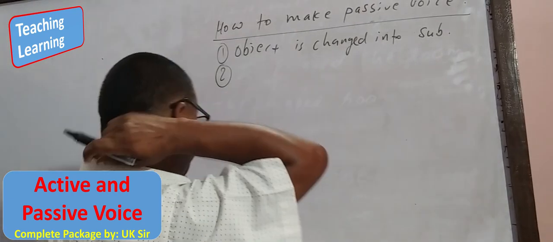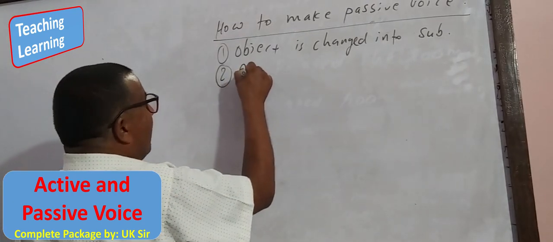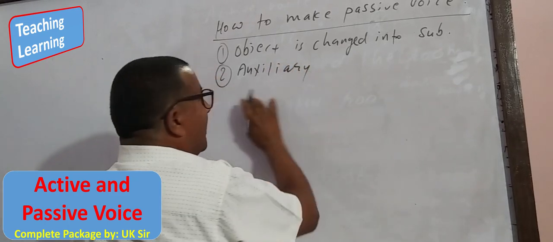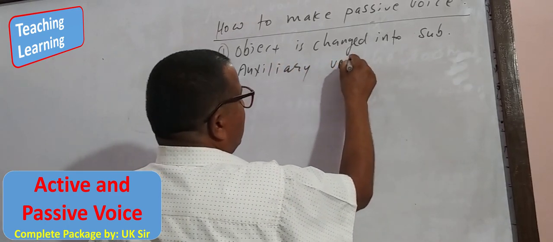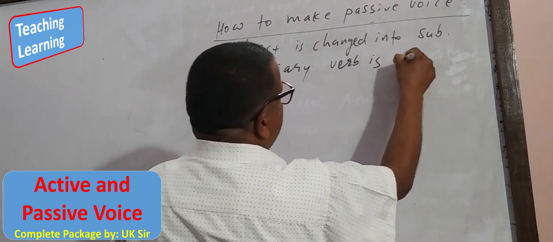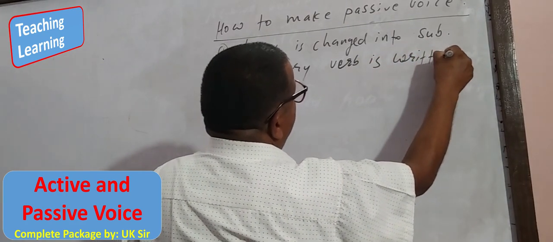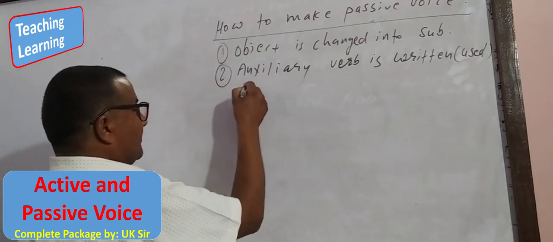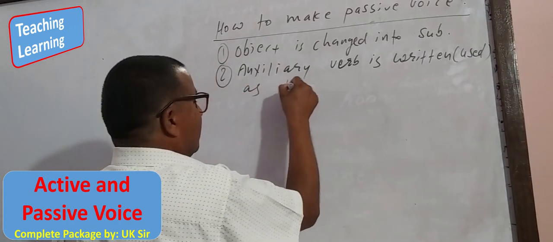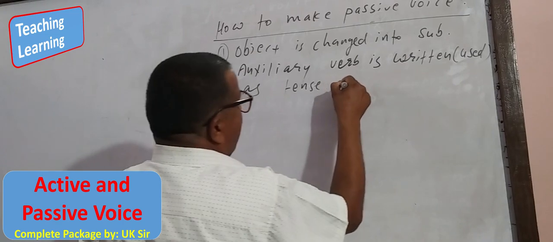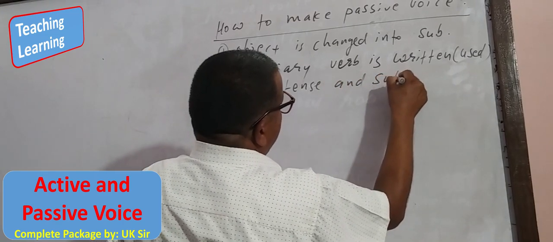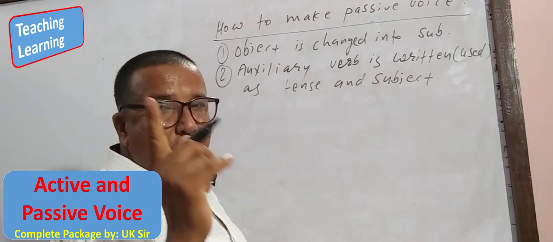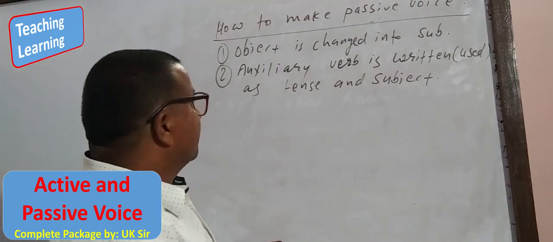Number 2: the auxiliary verb is used as per the tense and subject. This is rule number 2.